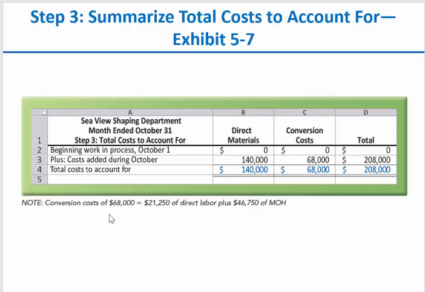So in October, direct materials cost we have $140,000. For the conversion cost, we have $68,000. So the total cost to account for will be the $140,000, which is a result of $140,000 plus 0. If you have a non-zero number, you have to add them. And for the conversion cost, we have $68,000.